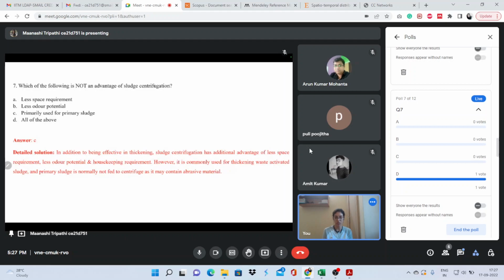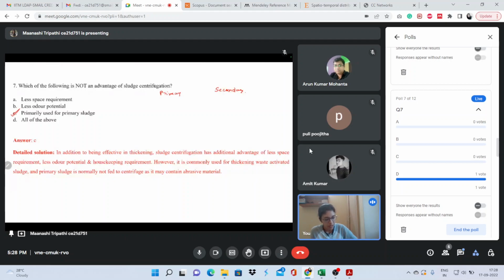So answer is C. See, there are two types of sludge. One is primary, second is secondary.